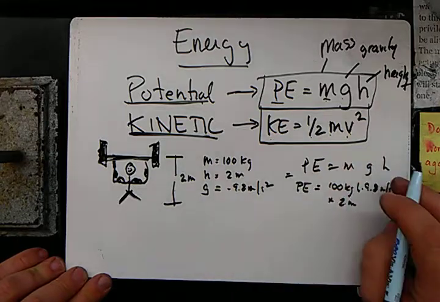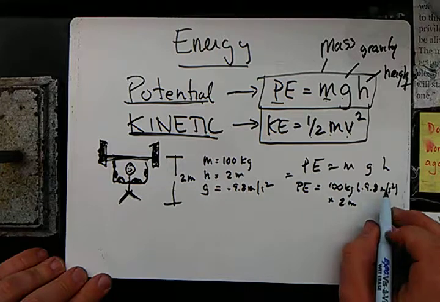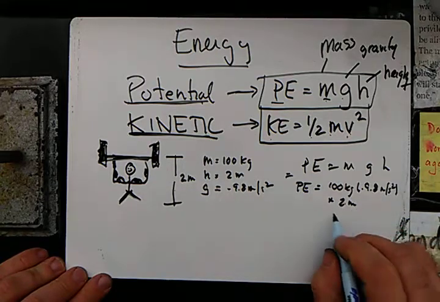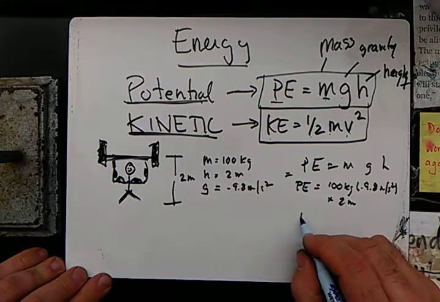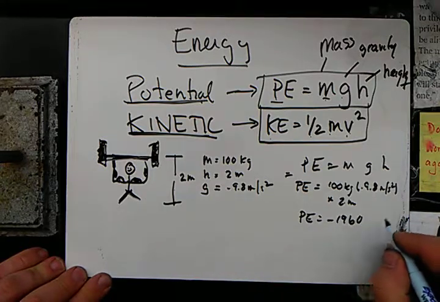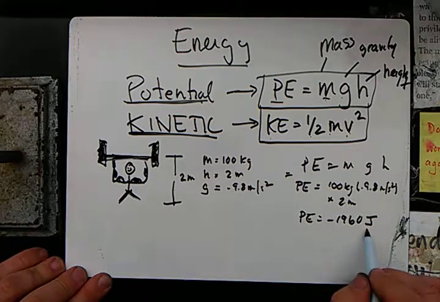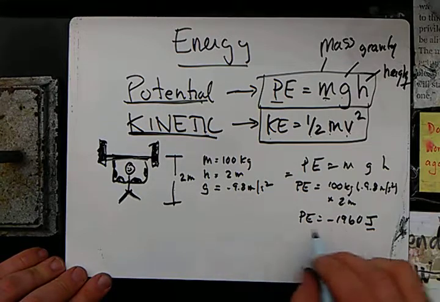We multiply these together and end up with 980 times 2. Potential energy equals 1960 joules. There's a new unit for you, joules.